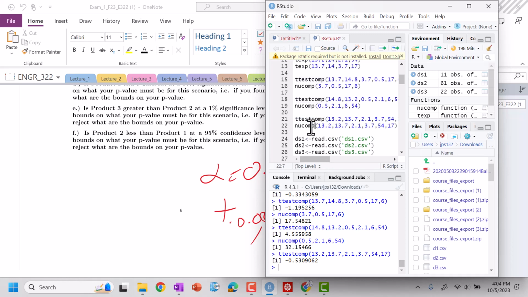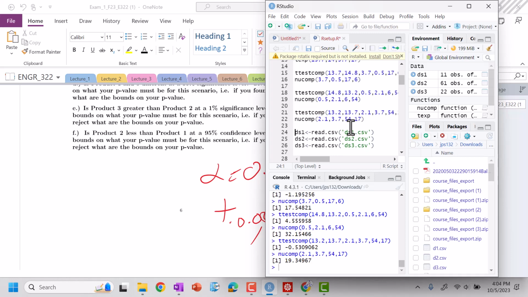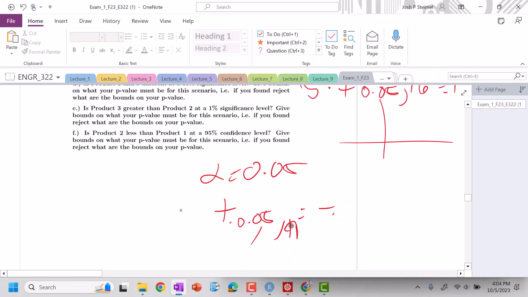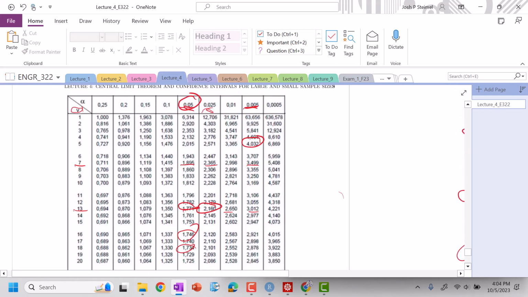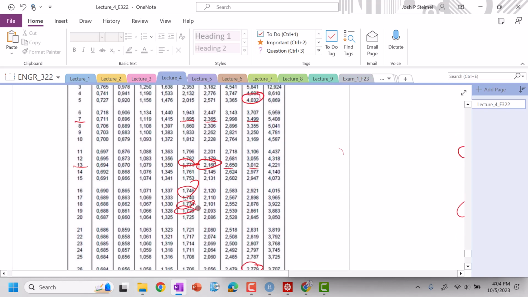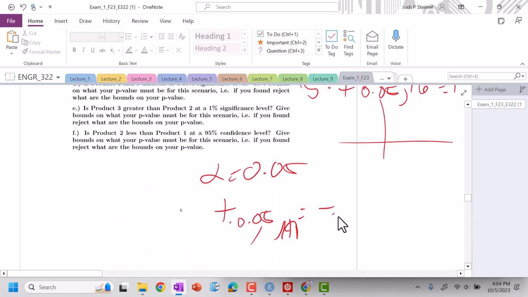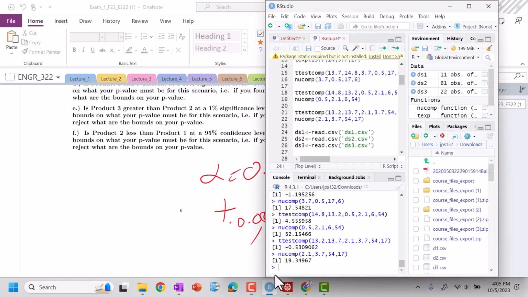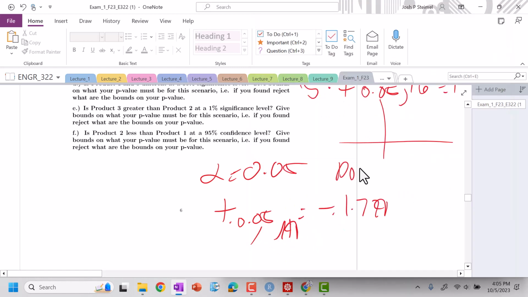New comp, and then finally we've got the values here, 19, so let's go ahead and put that there. 19, so 0.05 and 19 is going to get us 1.729, minus 1.729, and we are negative here, so we are in the do not reject, and that means our p-value is greater than this alpha right here.